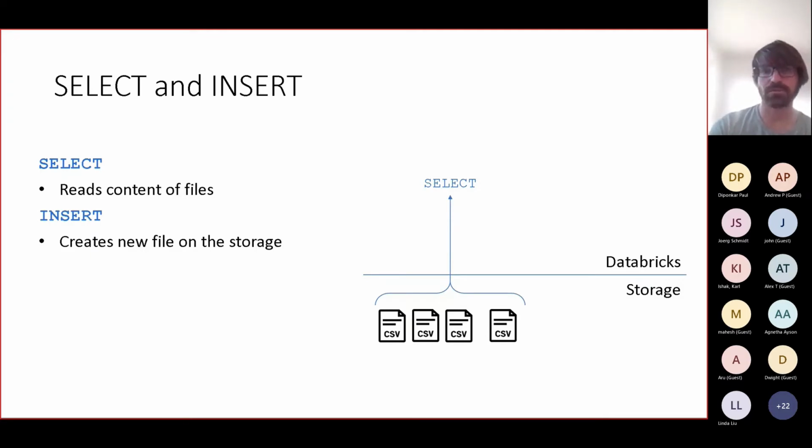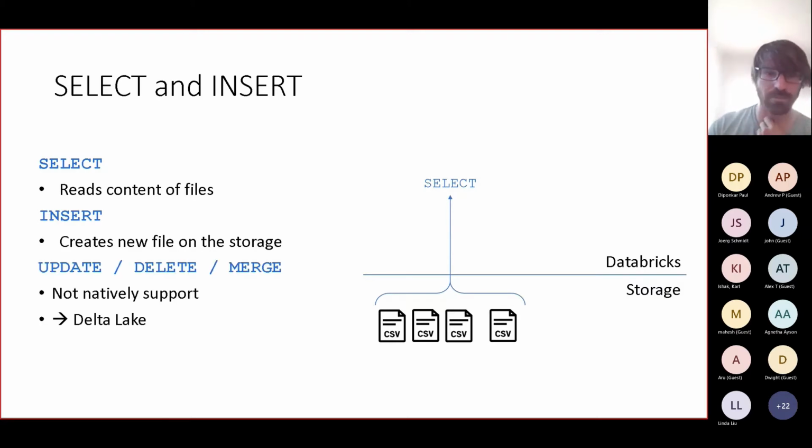That's pretty easy and straightforward for inserts. But as you can imagine, for an update or a delete, especially of single files, that can become quite complex to code. So this is not natively supported, but there is also a solution for that, which is Delta Lake, that I will cover later in more detail.